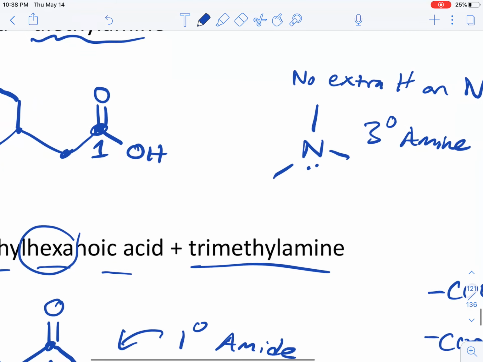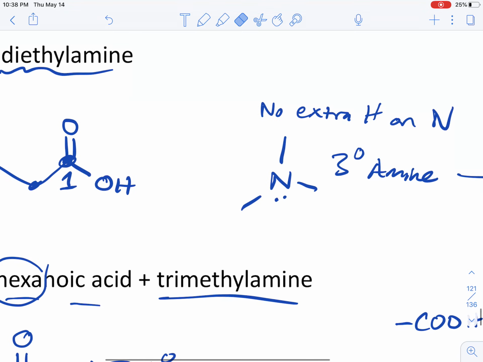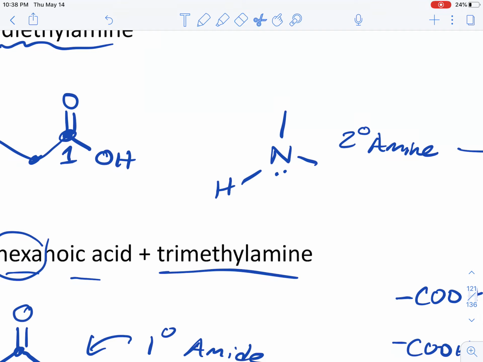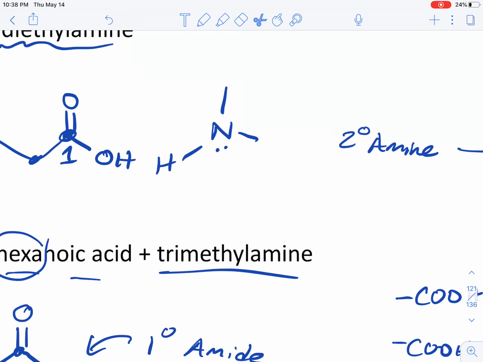Before I move on, let's just say that this amine was not tertiary. Let's say that we have a secondary amine. What that means is that we have a hydrogen. And so if we have a secondary amine, then the OH and the H are going to come together to form water.